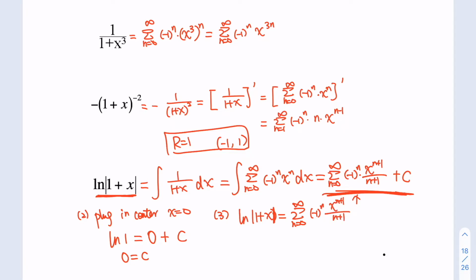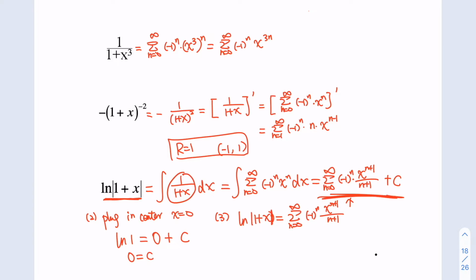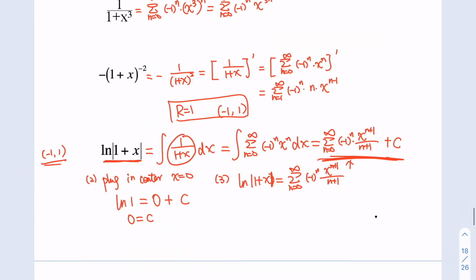Because 1 over 1 plus x has the open interval negative 1 to 1, we have to check the two endpoints, x equals 1 and x equals negative 1. We plug it in. When x equals 1, it's negative 1 to the n, 1 to the nth power over n plus 1. So this is the alternating series. Three conditions satisfied, so it converges.